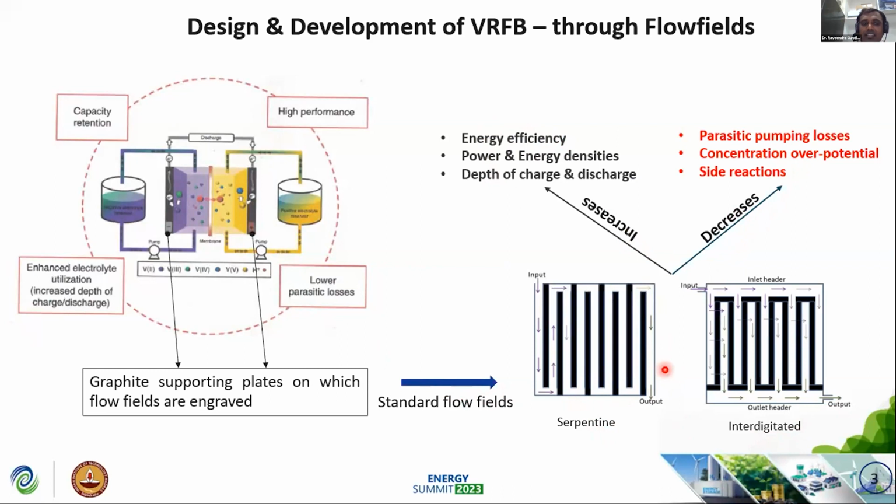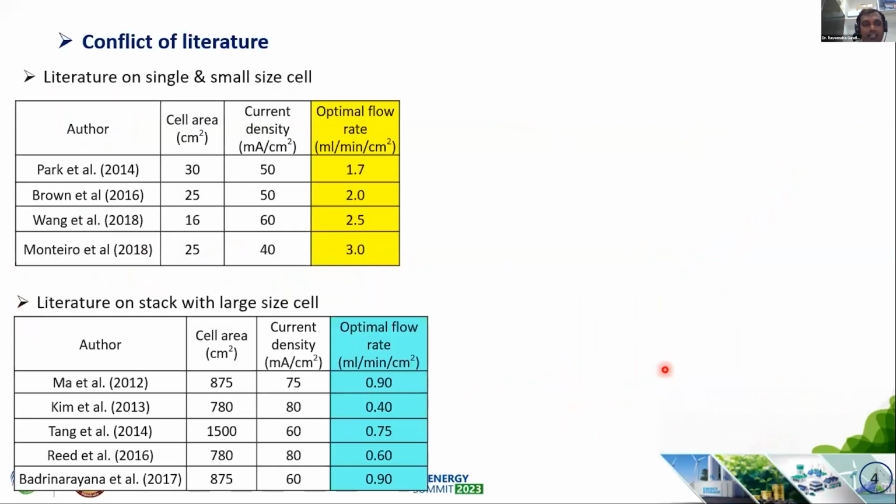How do we design them for a flow battery that we can deploy at industrial scale? In the literature, single cells or small size cells, compared with a real deployable stack level demonstration, have very different reported optimal electrolyte flow values.